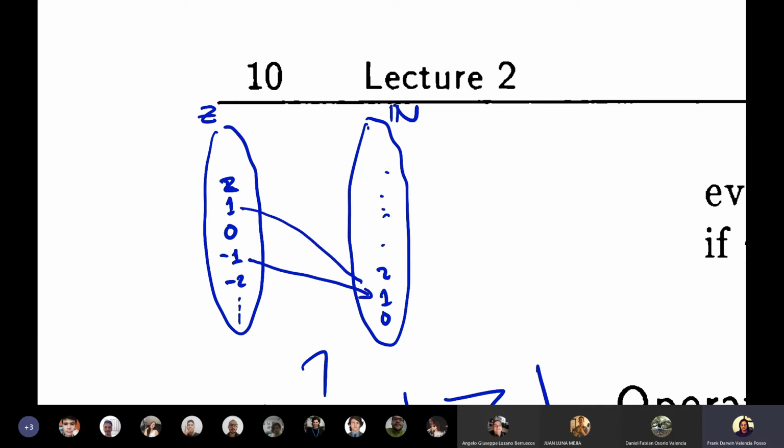But 1 will also be mapped to 1. So you are not associating a unique element. This association is not injective. You are taking two different elements and they are being mapped into the same element, and you don't want that. Different elements must be mapped into different elements to be injective.